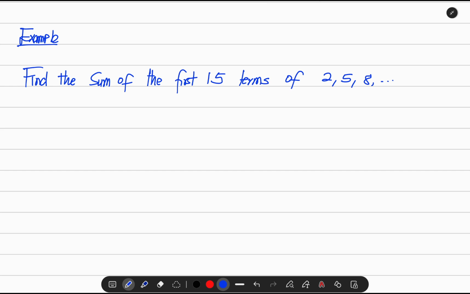How would you find the sum? Let's find the sum of the first 15 terms in this sequence. Write down the formula: sum of n equals n over 2, times 2a plus n minus 1 multiplied by d.